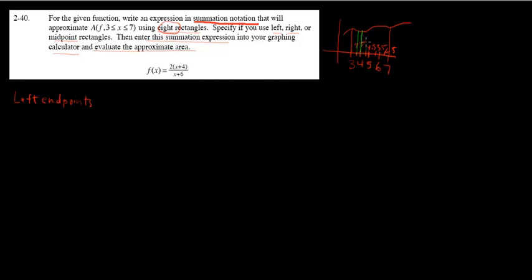If I split it up from 3, 3.5, 4, 4.5, and so on, I'm going to have 8 rectangles: 1, 2, 3, 4, 5, 6, 7, 8. Okay, I didn't really draw the scale. I just want to give you an overall idea.